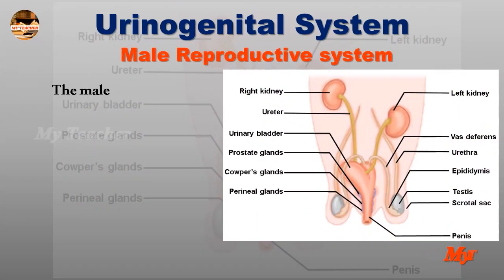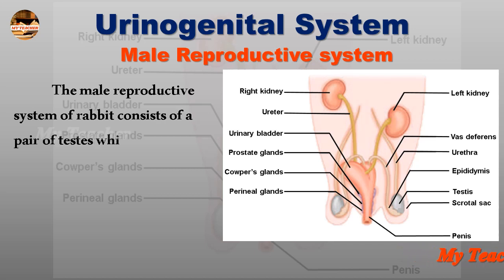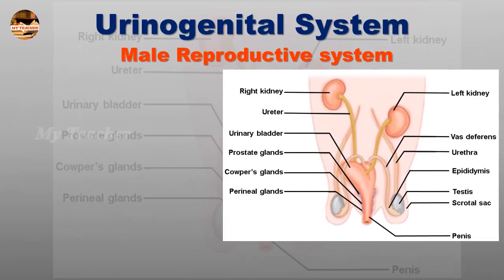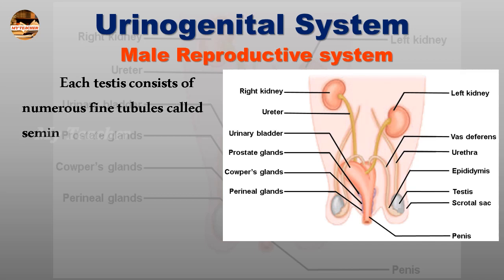Male reproductive system consists of a pair of testes which are ovoid in shape. Testes are enclosed by a covering that is called scrotal sac in the abdominal cavity. Each testis consists of numerous fine tubules called seminiferous tubules.